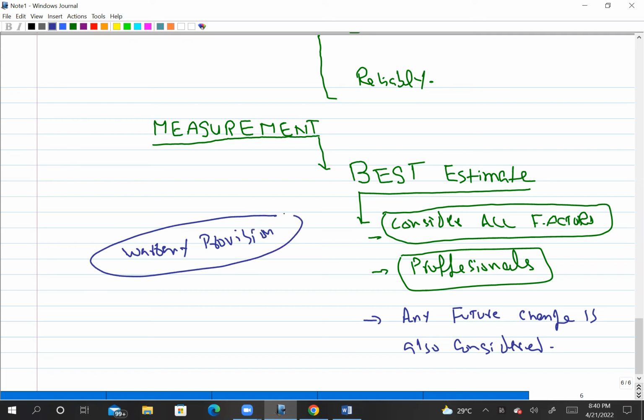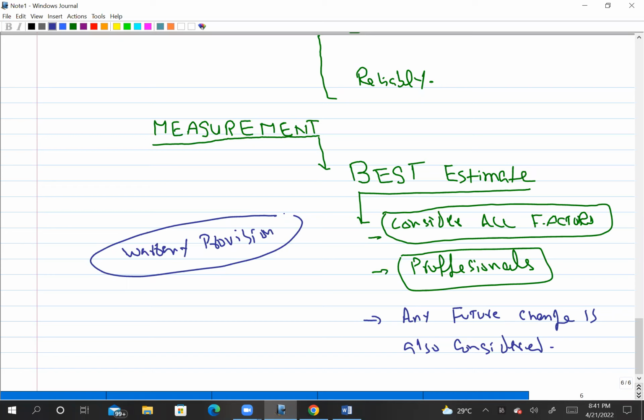Now, what is warranty? Can anyone tell me what is meant by warranty? Warranty: when we purchase a product of any company, they give us a warranty. For example, if we purchase a mobile phone, the company will give us a warranty that if there is any manufacturing default, they will repair it free of cost. That is known as warranty.